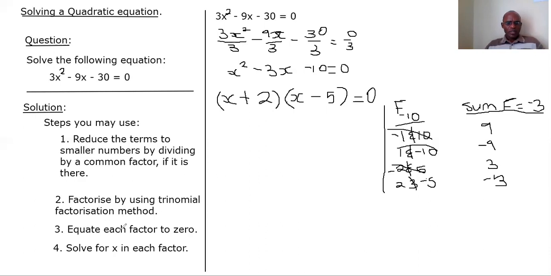It says equate each factor to 0. So what are these factors? It's x plus 2, and the other factor is x minus 5. So I'm going to equate them to 0, which means I'll take the first one, that's x plus 2 is equals to 0.